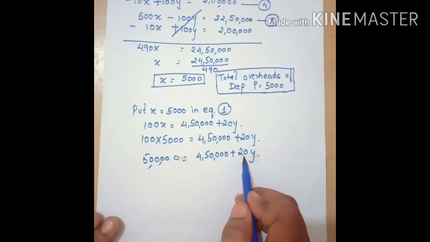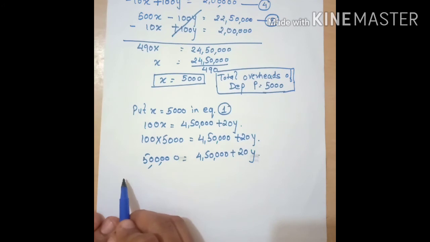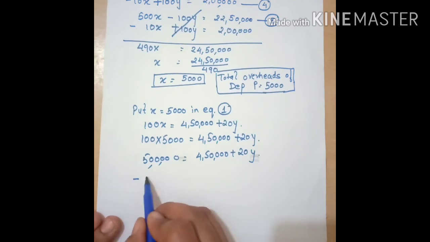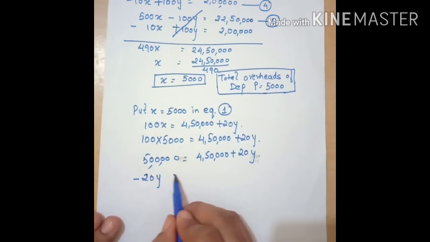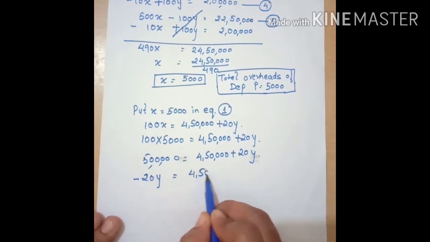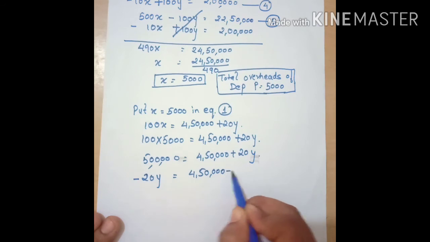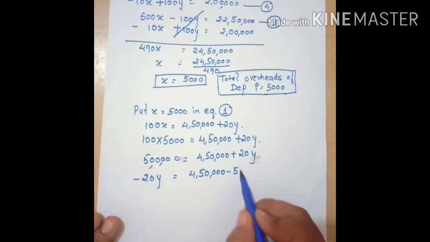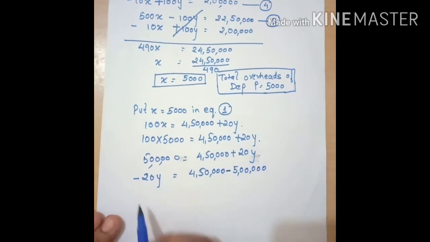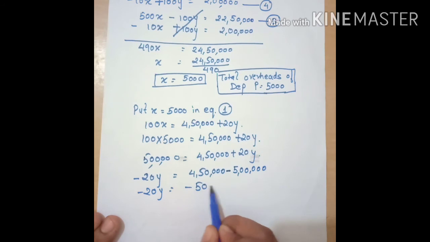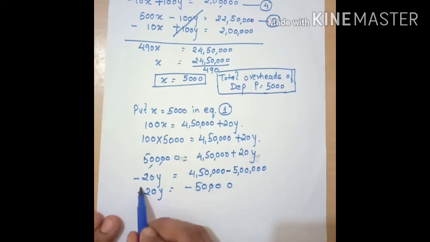We will transfer this Y to the left hand side. So this is plus, it will come minus 20Y is equal to 4,50,000 minus 5 lakh. This is plus 5 lakh; it will transfer and get converted into minus. So this is minus 20Y, here it's minus 50,000. So minus minus gets cancelled.